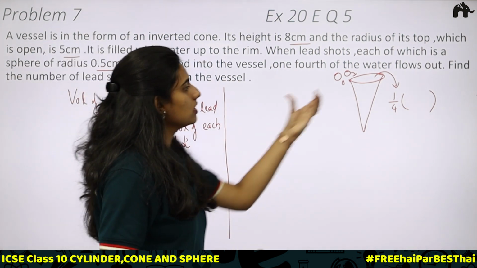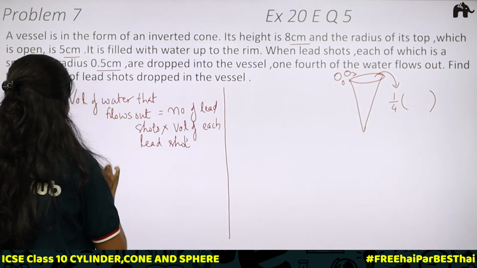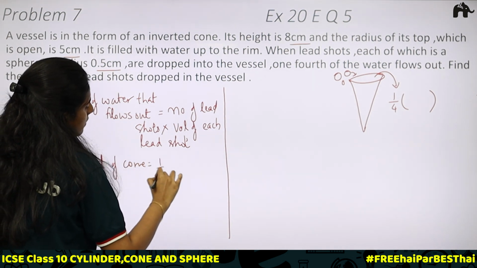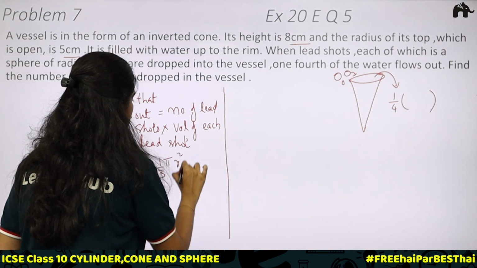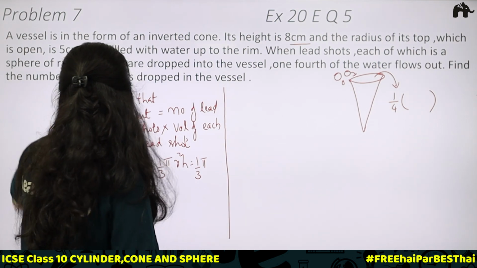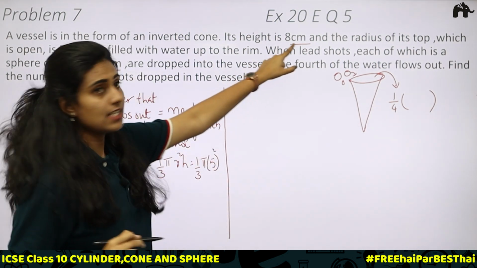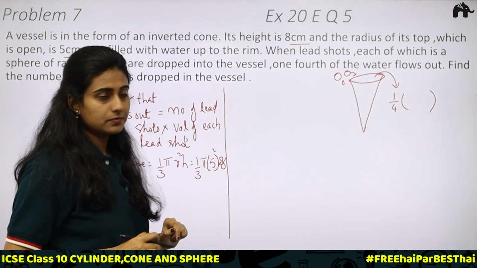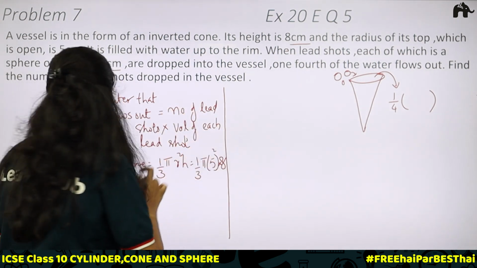First, let us find the volume of the cone. Volume of cone is equal to 1/3 pi r square h, that is 1/3 pi. Here the radius is 5 centimeter, 5 square, and the height is 8 centimeter, into 8. Okay. Given that 1/4 of this water flows out.